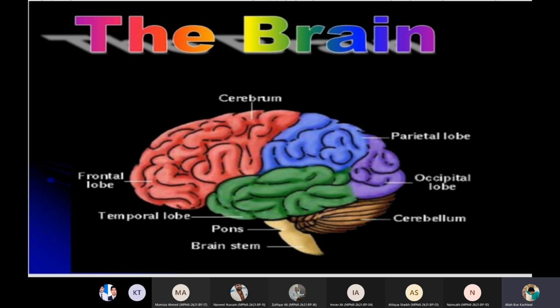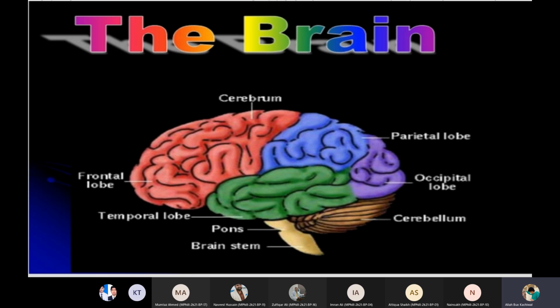That's the brain. So the brain has different portions which have to be discussed over here. The frontal lobe is the anterior lobe, whereas the parietal lobe is a central lobe, whereas the temporal lobe is a medial and lower lobe, and the occipital lobe. And the cerebrum, the cerebellum, the pons and the brain stem.